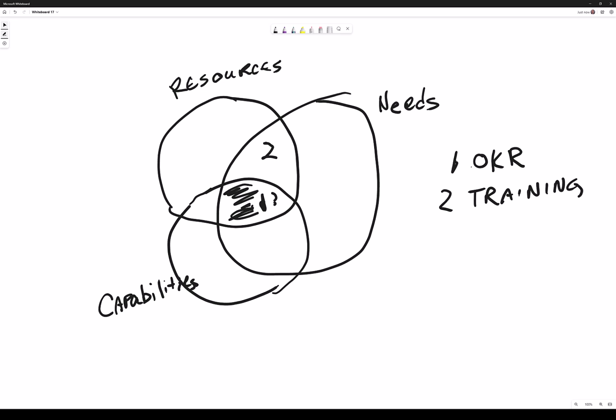When I say we have the need and the resources without the capabilities, this could be technical, delivery system, patterns, whatever the case may be. That's what I'm going to have to fill with training. I'm going to have to invest in that so that we build those capabilities. Now, most organizations have these, right? Where I have needs and capabilities without resources, then we are going to go procure.